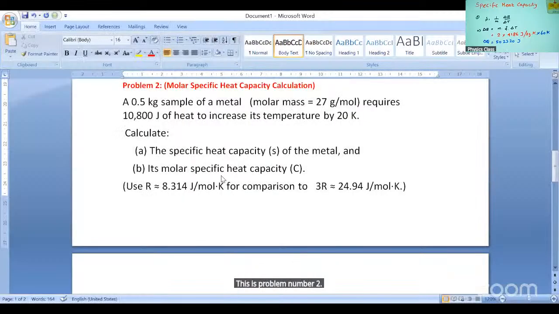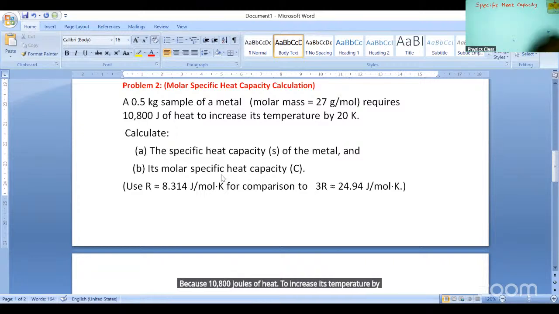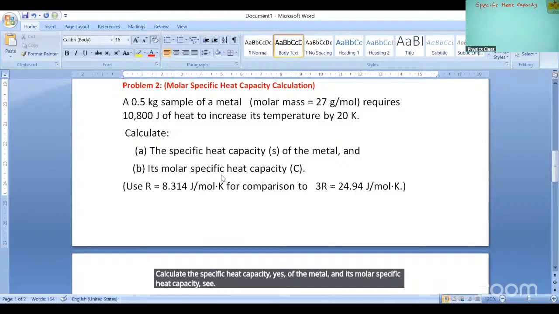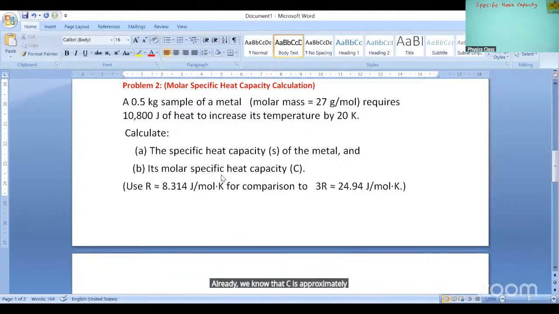This is problem number 2. Molar specific heat capacity calculation. A 0.5 kg sample of metal, molar mass 27 gram per mole, requires 10,800 joule of heat to increase its temperature by 20 Kelvin. Calculate the specific heat capacity s of the metal and its molar specific heat capacity C. Already we know that C is approximately 3R.